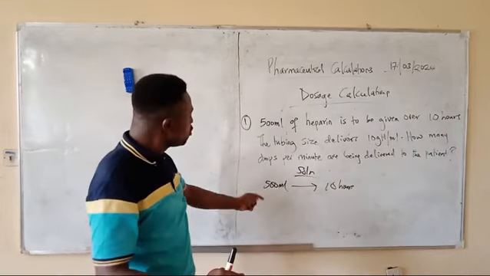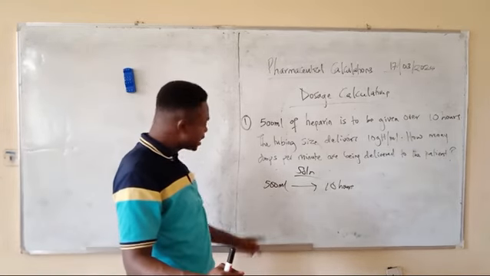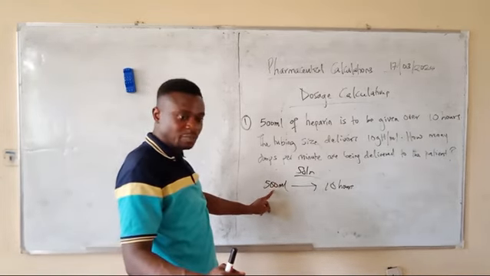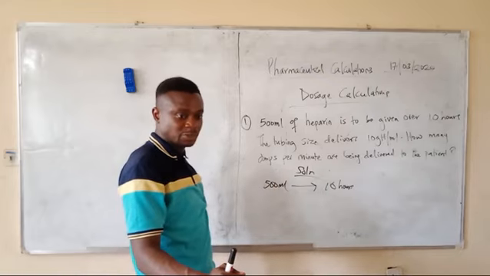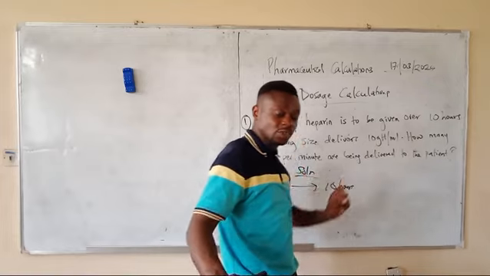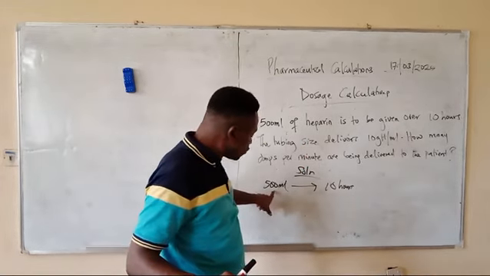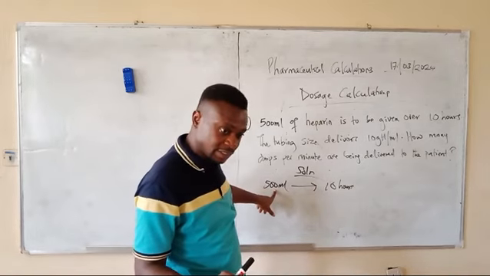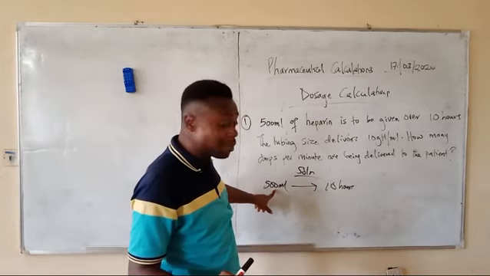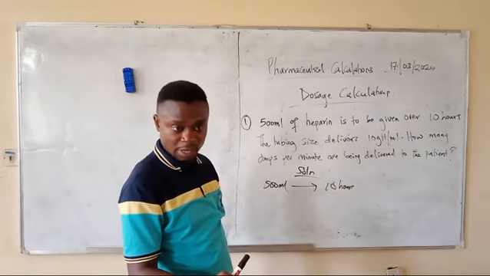So let's convert this 500 ml to drops. Let's see how many drops will be in this 500 ml. If 1 ml will bear 10 drops using that drip set, how many drops will be in 500 ml? If you know how many drops will be in 500 ml, we can solve this question. Are you following?